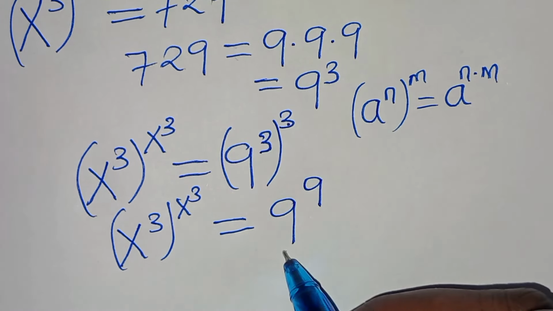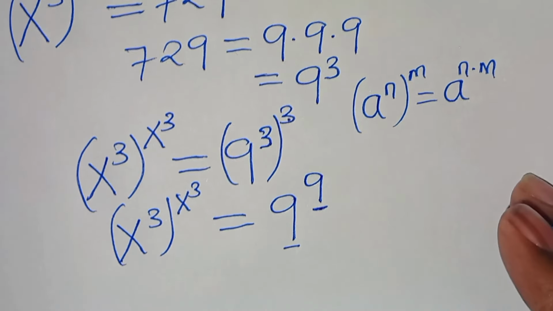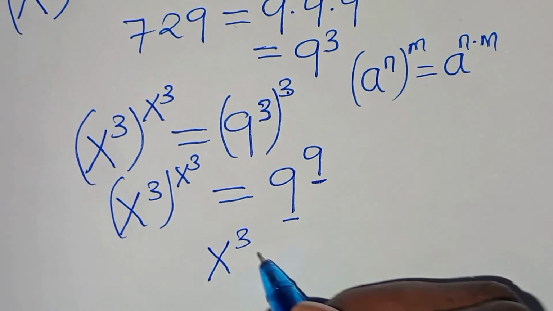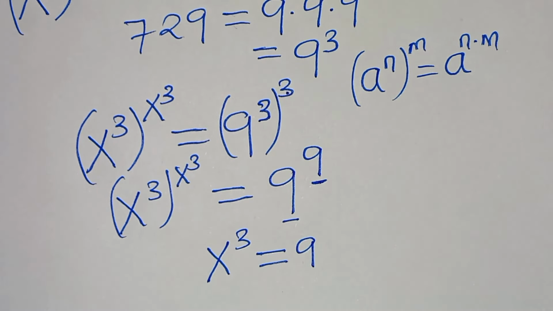So you can see that the base and the exponent is the same here. And this concludes that here, x to the power of 3 is equal to 9.